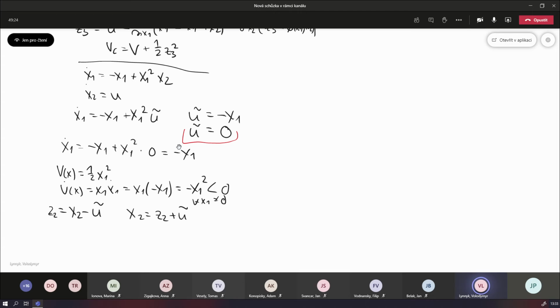You see that z2 equal to x2 minus 0, it's equal to x2. It's perfect, because z2 equal to x2, it's very easy.